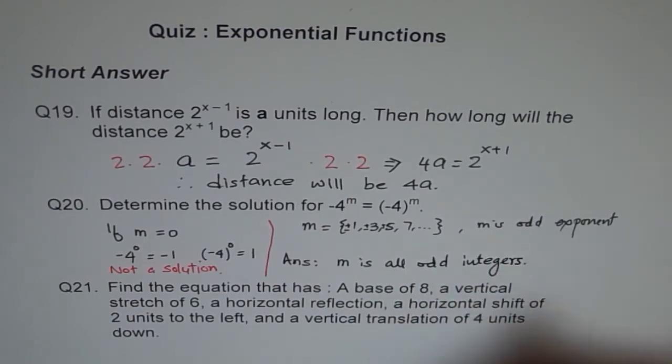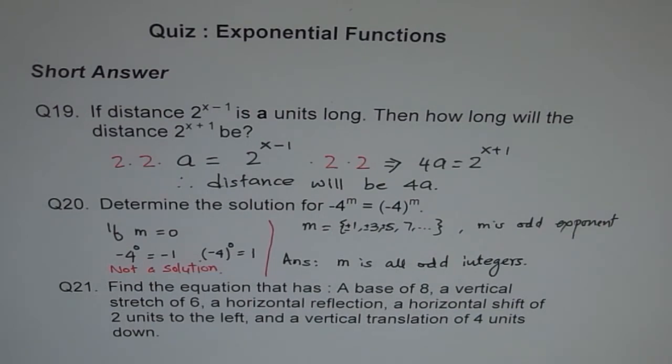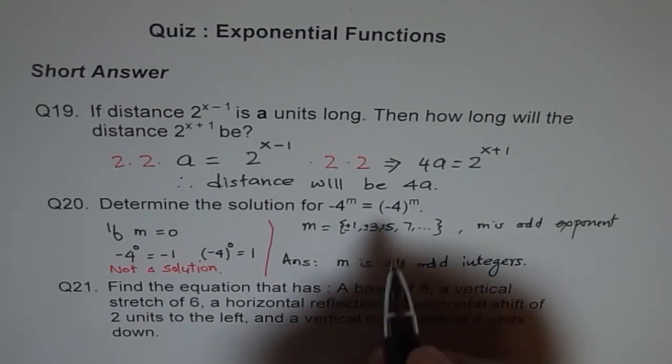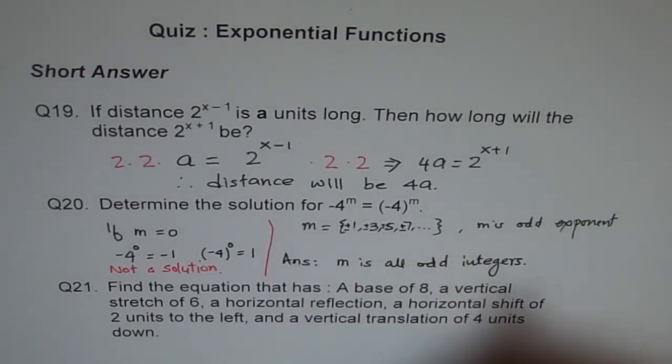Correct? So for this particular thing, we can say m is all integers, correct? And that gives us the right solution for this particular question, correct? Yes. Now, so let me write plus and minus. Is that okay?